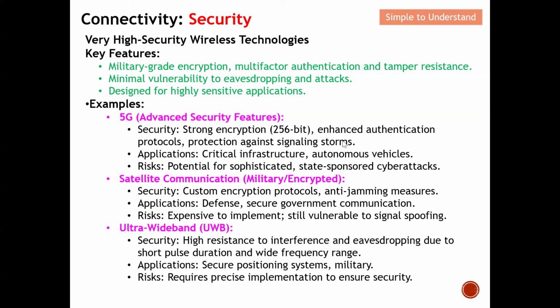So these mainly use 5G. Nowadays there are more and more autonomous vehicles using the wireless connectivity of 5G. The risk is that they are very much a potential target for sophisticated and also state-sponsored cyber attack. From time to time, you can see that countries mention some form of state-sponsored cyber attack. So basically this is the meaning here.